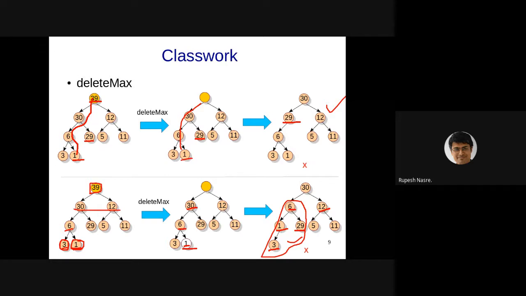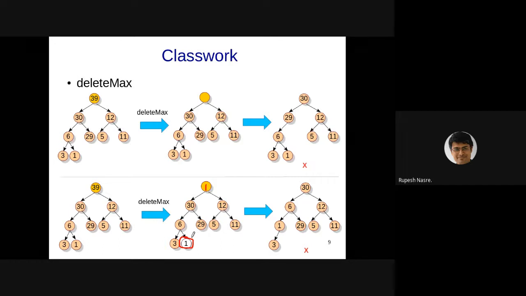So let's look at what Aniruddha and Chotu Kumar are suggesting. What they are saying is that choose the last element, the last leaf in this heap, and move it to the root. So this becomes 1.